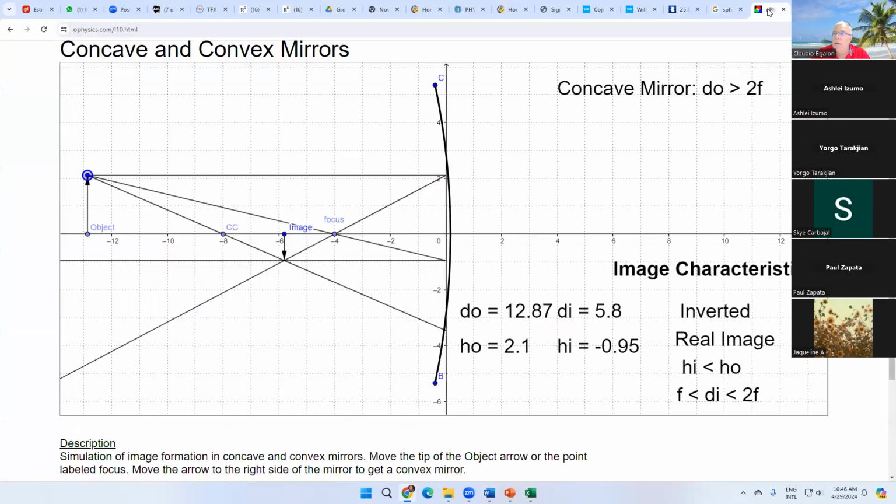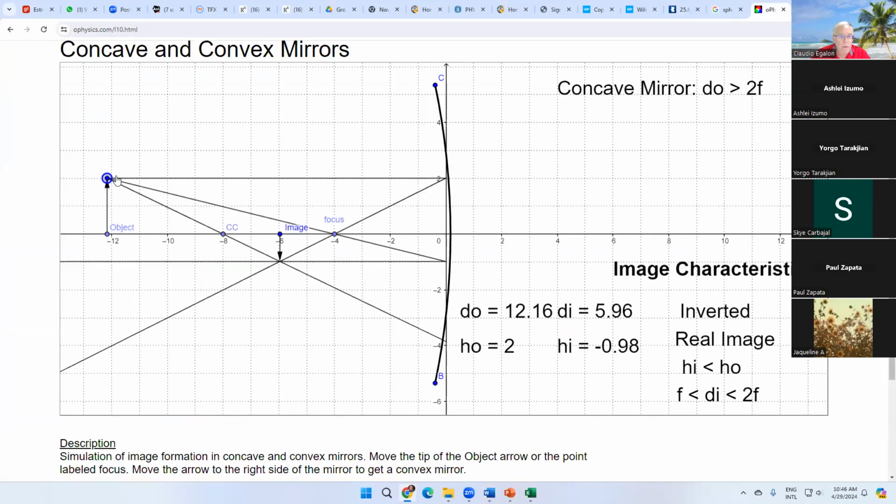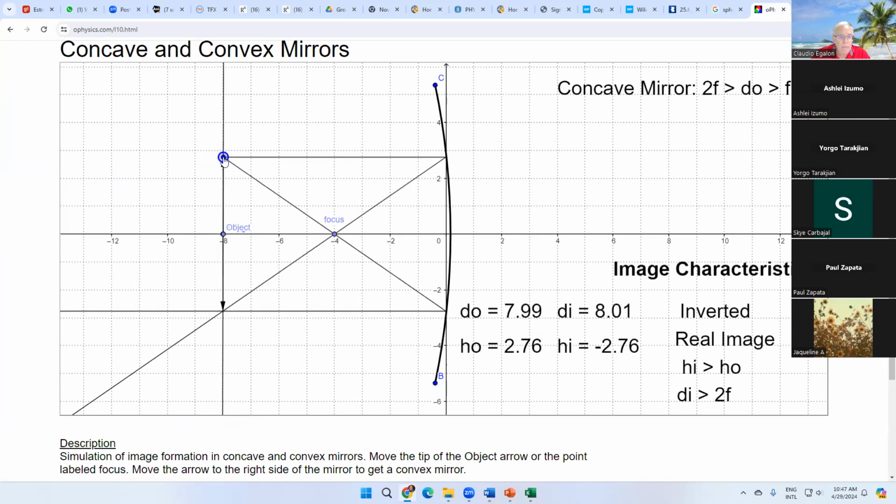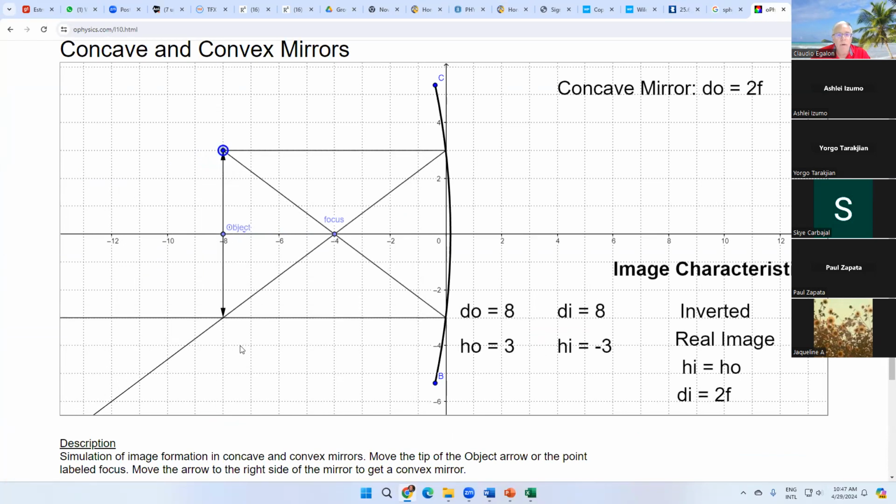Okay, so where is the eagle? Object at the center of curvature, the image at the center of curvature.